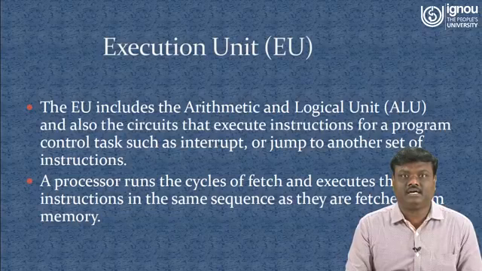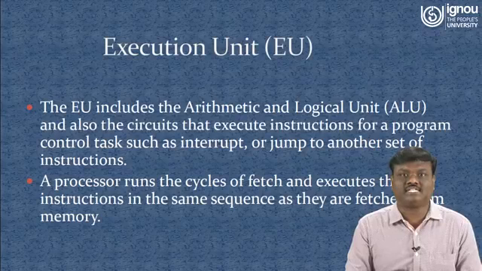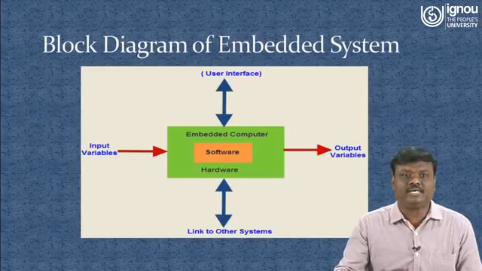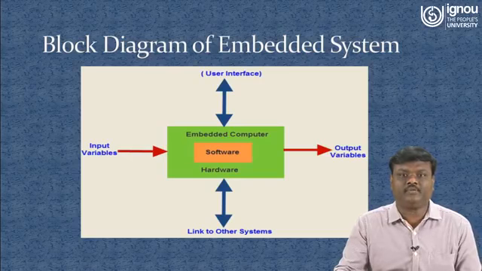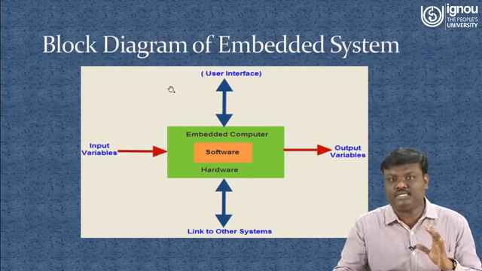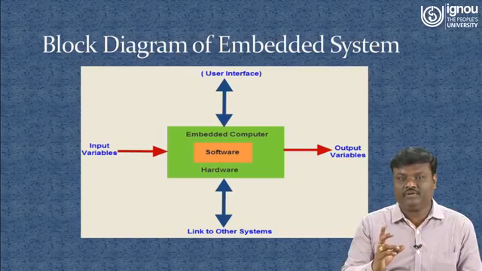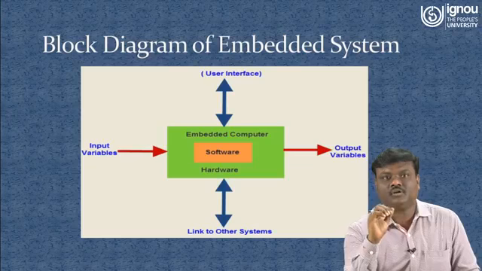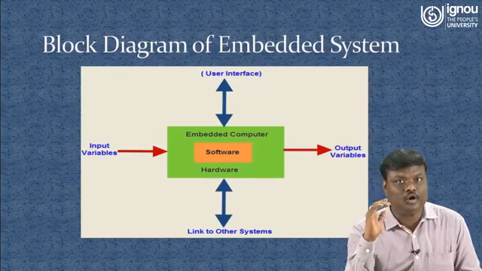A processor runs the cycles of fetch and execute, executing the instructions in the same sequence as they are fetched from the memory. You can see the block diagram of an embedded system written over here, and it is not showing all the components we talked about. This diagram we can call an embedded system block diagram.